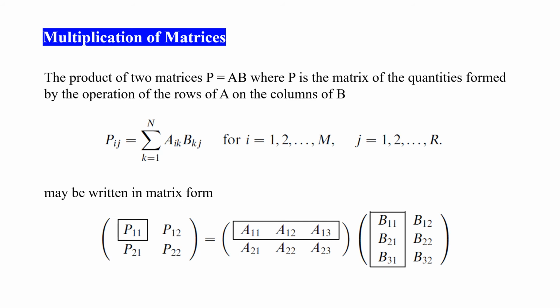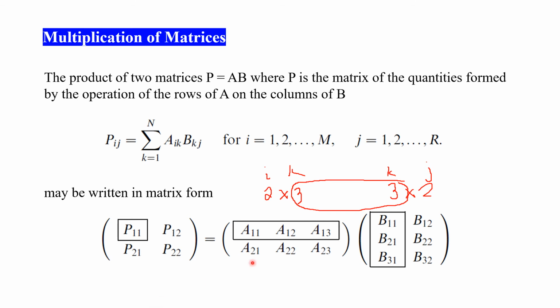Your matrix A is a 2 by 3 matrix, and your matrix B is a 3 by 2 matrix. So you have here your i, k, and then your k, j. As you can see, we have the same number of k's. So that means we can multiply these two matrices.